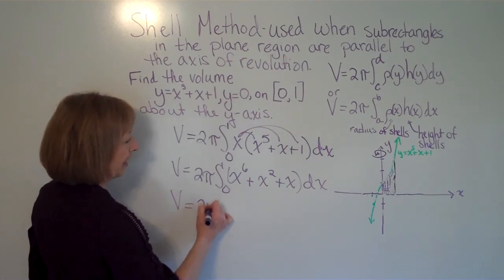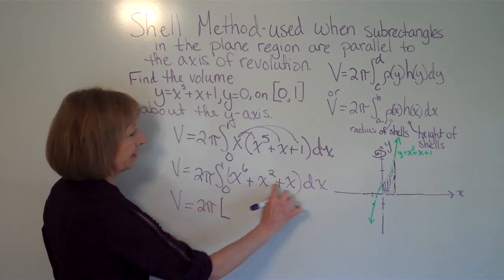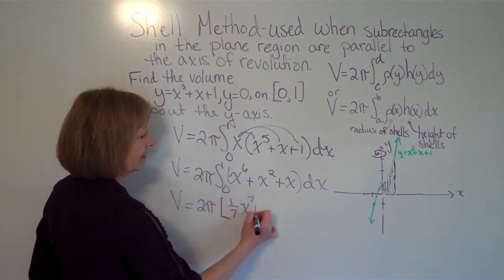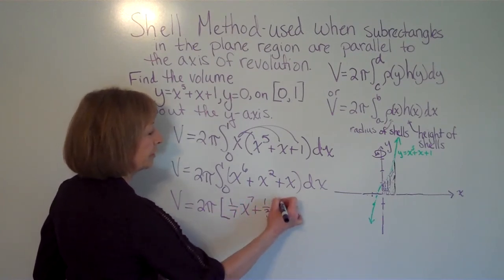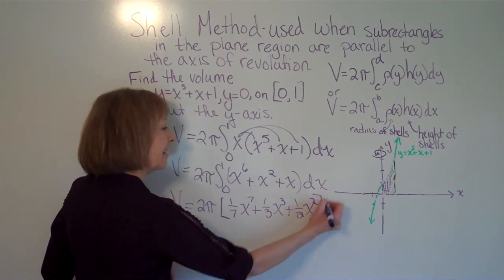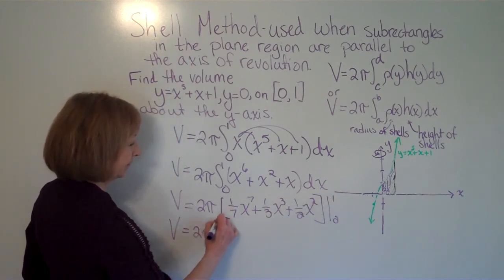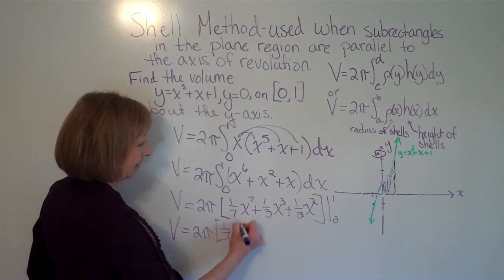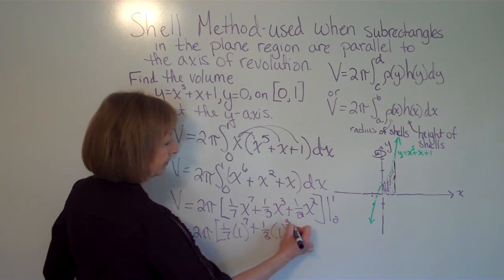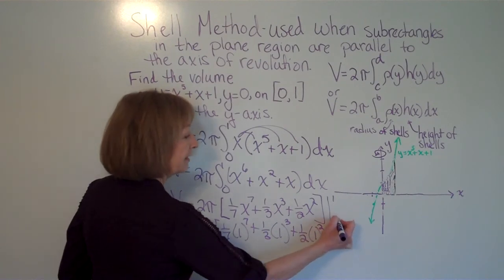So our volume is 2 pi times the antiderivative of x to the sixth plus x squared plus x, which is 1/7 x to the seventh plus 1/3 x cubed plus 1/2 x squared, evaluated from 0 to 1. Put in the 1, minus put in the 0.